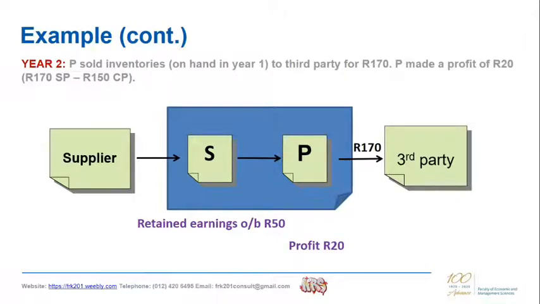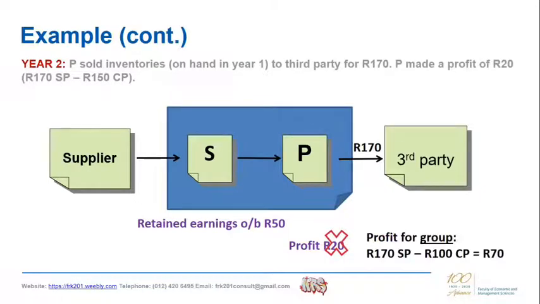P no longer has the inventories on hand as it's been sold outside of the group. P made a profit of 20 Rand. That is not the profit for the group.